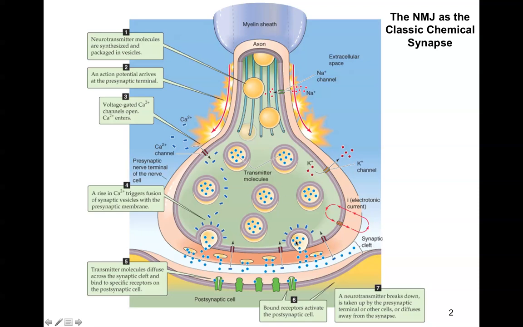And you can also tell that what's being represented in this slide, those little blue circles, is neurotransmitter being released by that presynaptic cell, filling that synaptic cleft and binding to receptors on the postsynaptic membrane. Okay, so let's walk through the steps of chemical synaptic transmission.